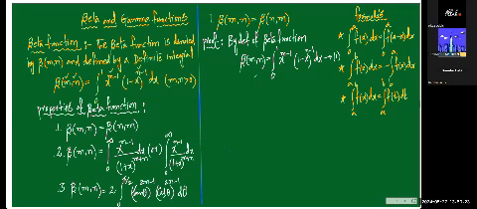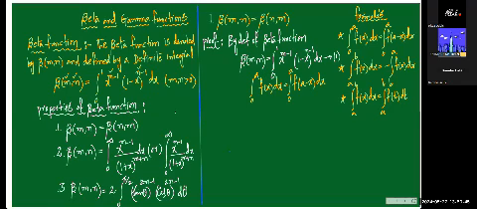So for your convenience, once again I want to write integral 0 to a f of x dx is equal to integral 0 to a f of, x can be written as upper limit minus x, into dx. Here our upper limit is 1.